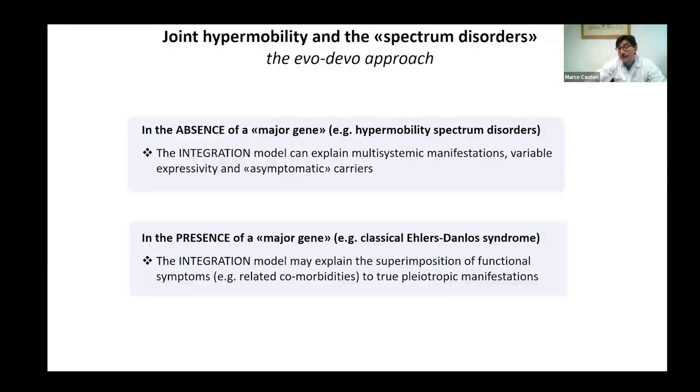I forgot the sex bias that is typical of hypermobility spectrum disorders. At the same time, integration might coexist with pleiotropy and explain the non-casual superimposition of common comorbidities to poorly pleiotropic manifestations directly related to mutations in single highly penetrant genes, such as chronic pain or cardiovascular dysautonomia that we can observe in people with classical Ehlers-Danlos syndrome.